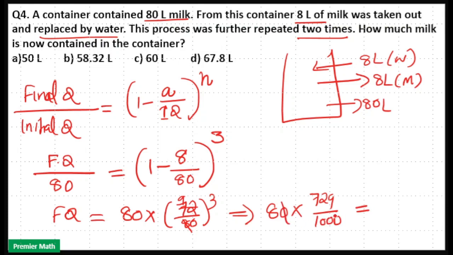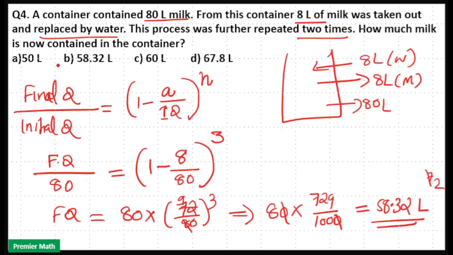So, here 0 cancel. 8 into 9, 72. 7 remainder. 8 into 2, 16. 16 plus 7 is equal to 23. 2 remainder. 8 into 7, 56. 56 plus 2 is equal to 58. So, here 100 is divided by 100 means 58.32.